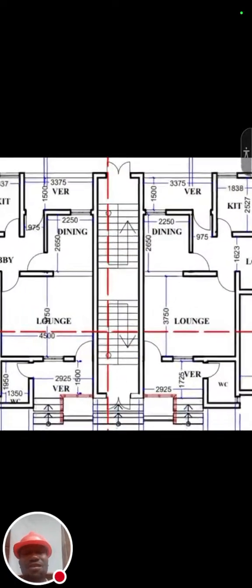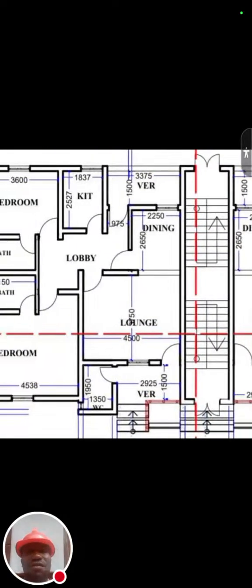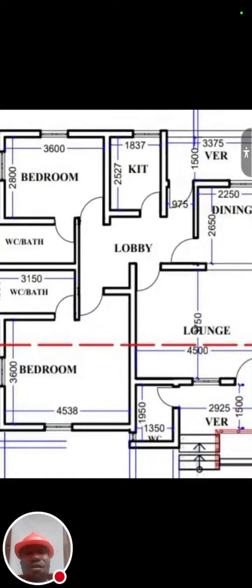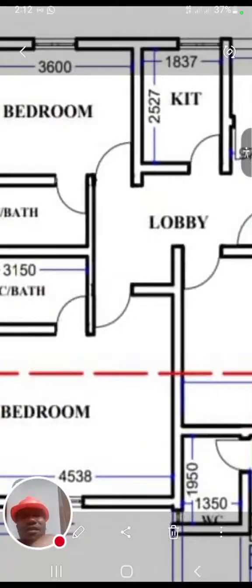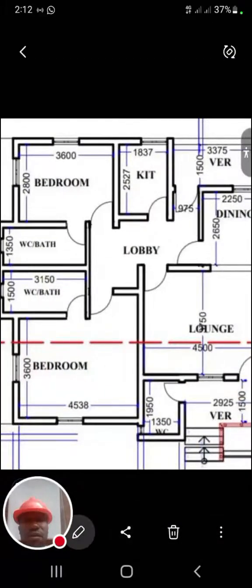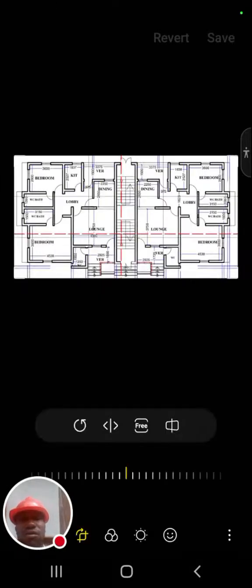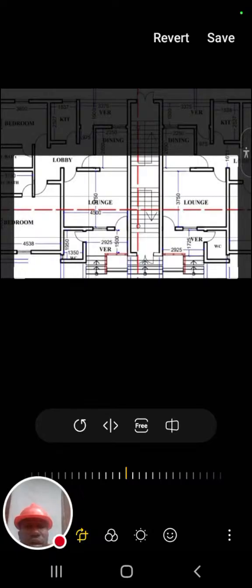So looking at this drawing now, I'm going to use this drawing as a sample. As you can see, this place is a bedroom.